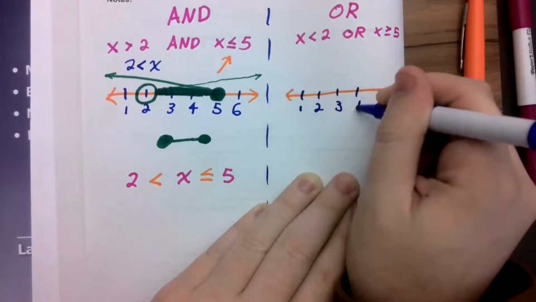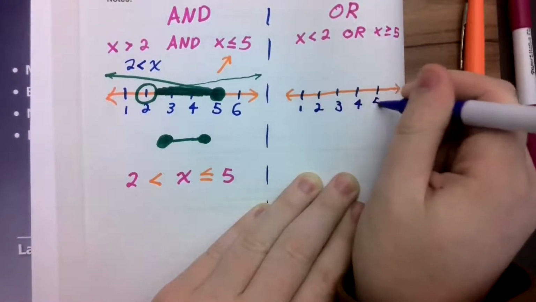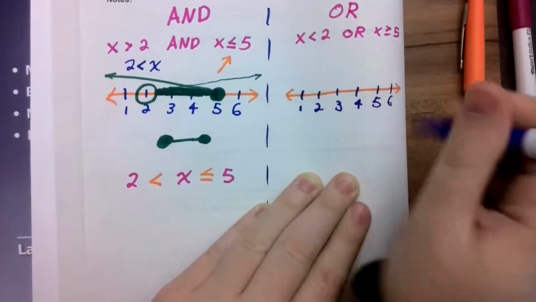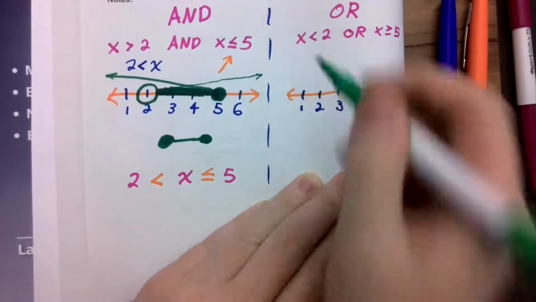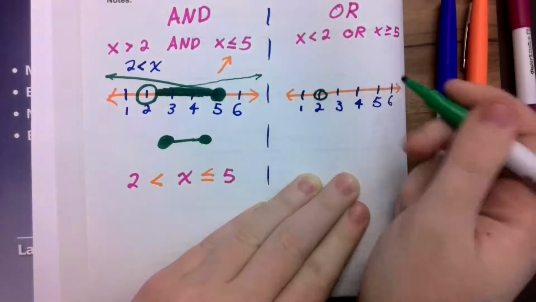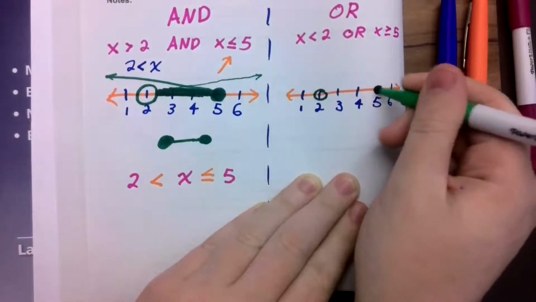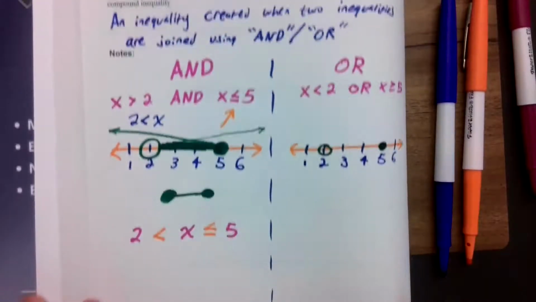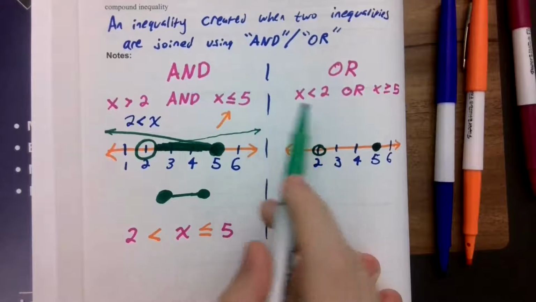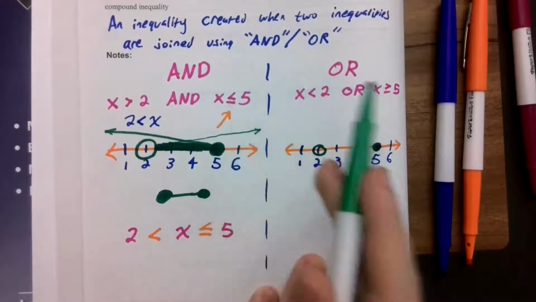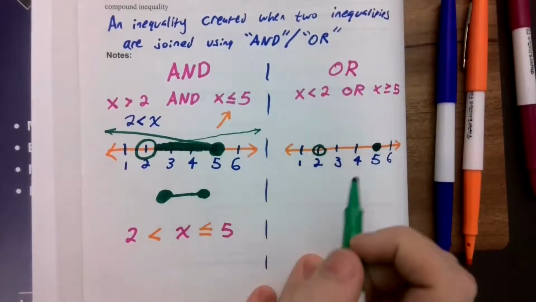Well, no. It looks like we're still using 2 and we're still using 5. Will the state of our circles change? Well, no, we're still going to have an open circle at 2, and we're still going to have a closed circle at 5. The difference here is now we're looking for solutions when x is less than 2, or we're looking for solutions when x is greater than or equal to 5.